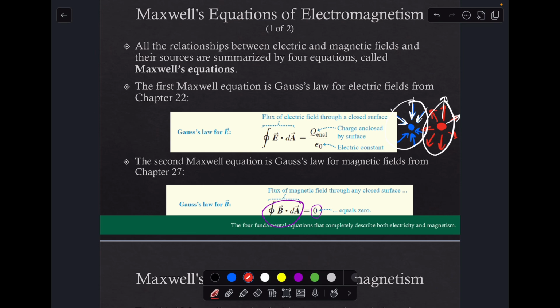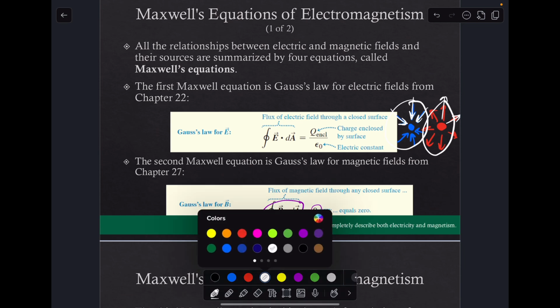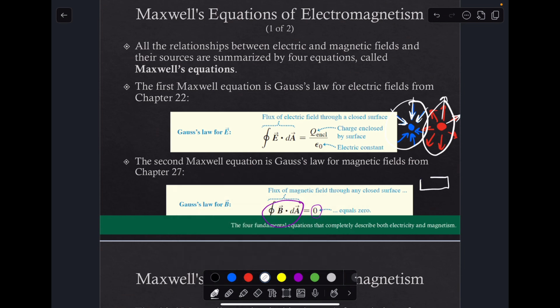So anything that produces a magnetic field is going to have a north and a south pole. And the magnetic field lines leave north and enter south, right? So for every single object that produces a magnetic field, it's a source and a sink.